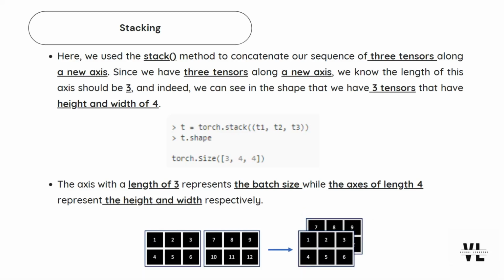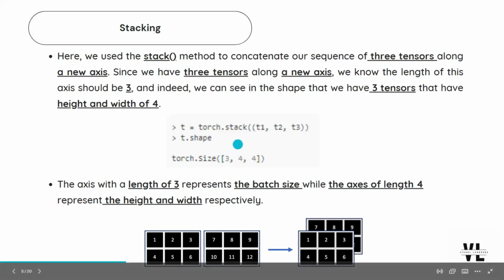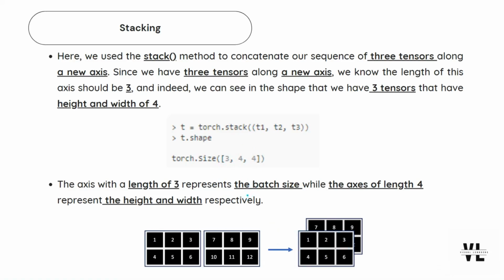So instead of having a dimension of 4 by 4 only for each one, which is a rank 2 tensor, now you have a 3, which indicates the number of images, and 4 by 4, which indicates the dimensions of one image. The axis with a length of 3 represents the batch size, while the axes of length 4 represent the height and width respectively.